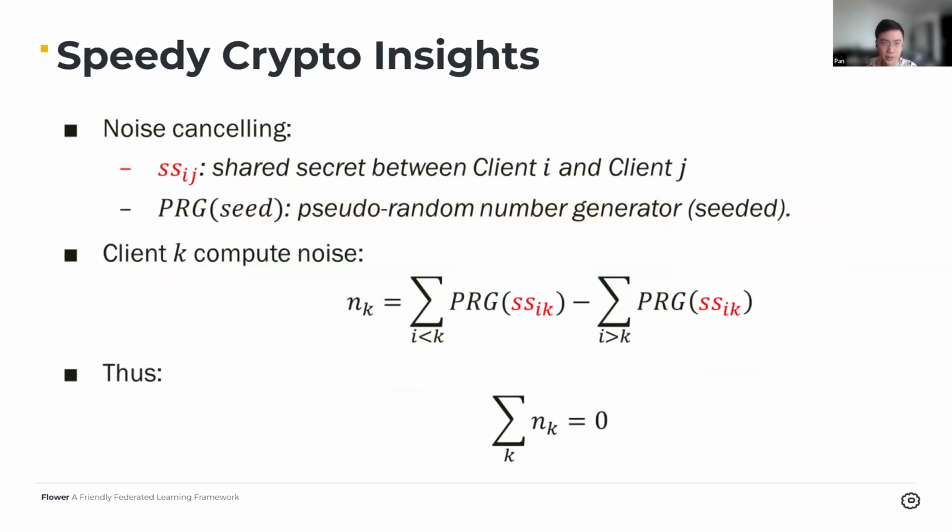So let's go to some crypto insights. First of all, the noise canceling. How is this happening? Actually, the idea is very simple. There is an established technique called Diffie-Hellman key agreement. It allows two parties to establish a shared secret via an untrusted channel.